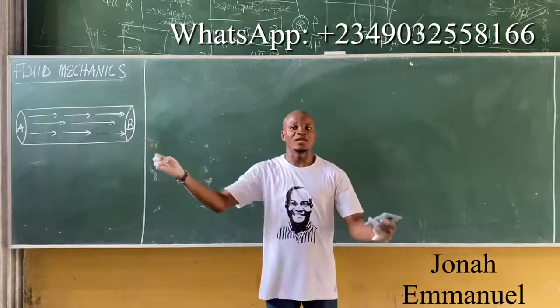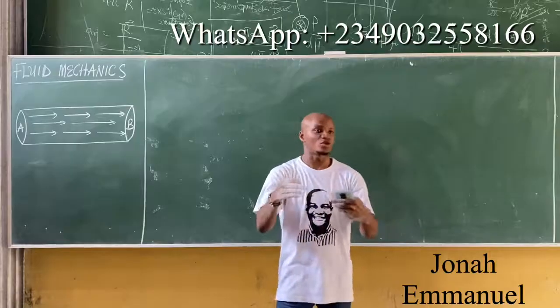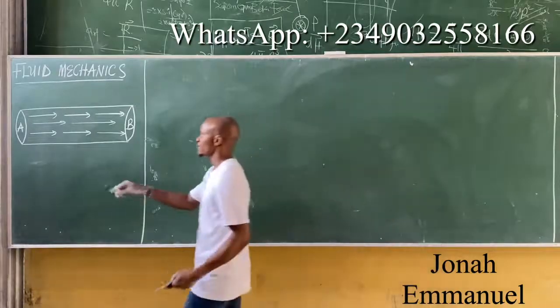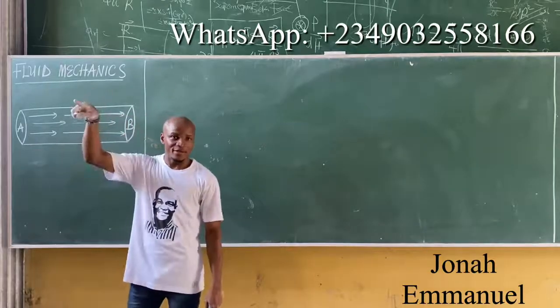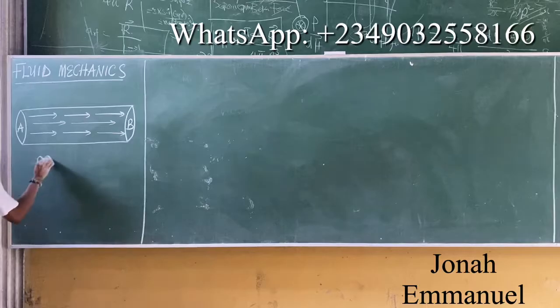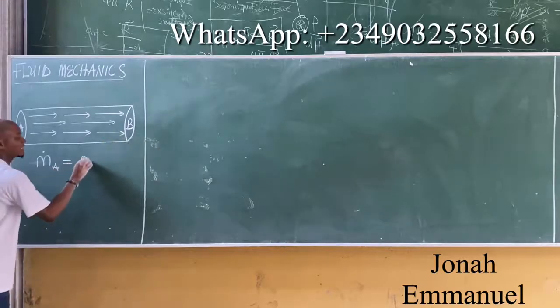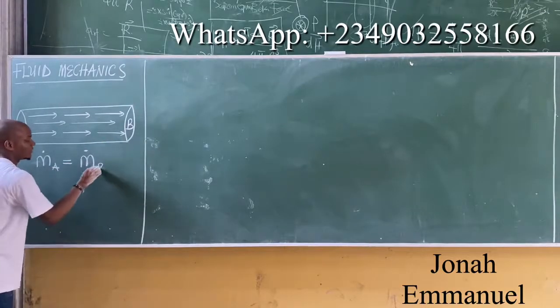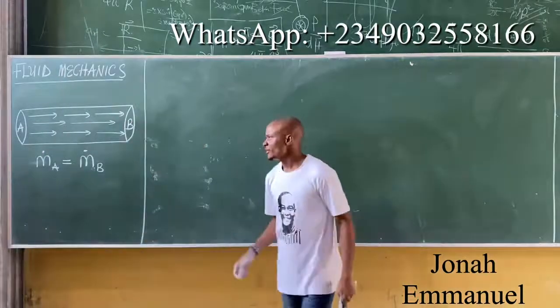Mass flowing in is equal to mass flowing out. So the mass flow rate, M dot, at point A is equal to the mass flow rate at point B.